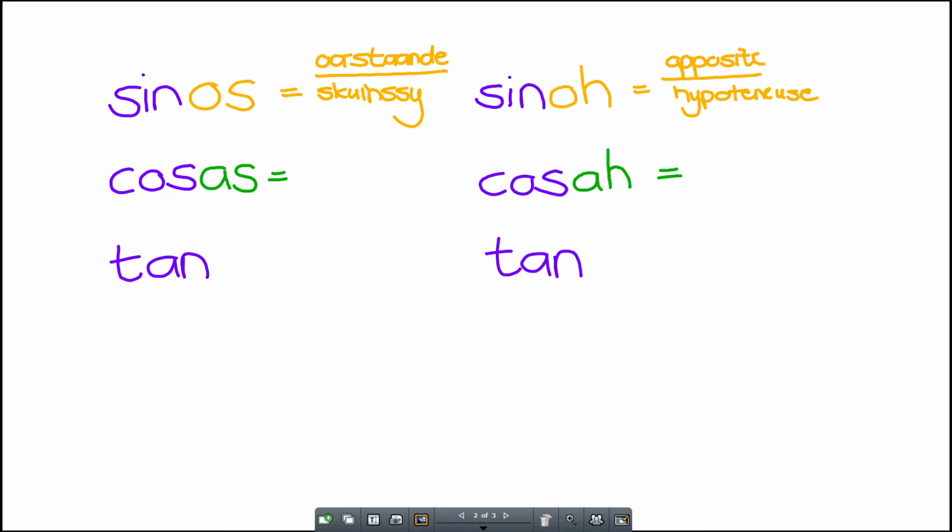So nou gaan dit wees aangrensend op skynsy. English people, it's going to be adjacent over hypotenuse.